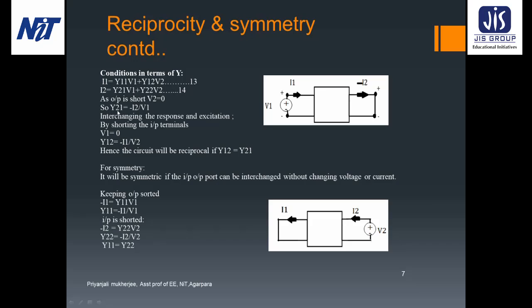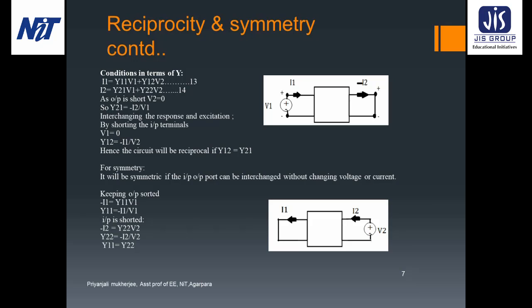And for symmetry, it will be symmetric if the input and output ports can be interchanged without changing voltage and current. So when the output is in short circuit condition, the voltage V2 becomes 0.